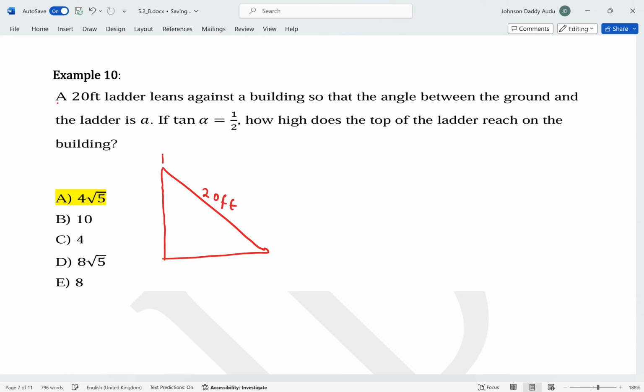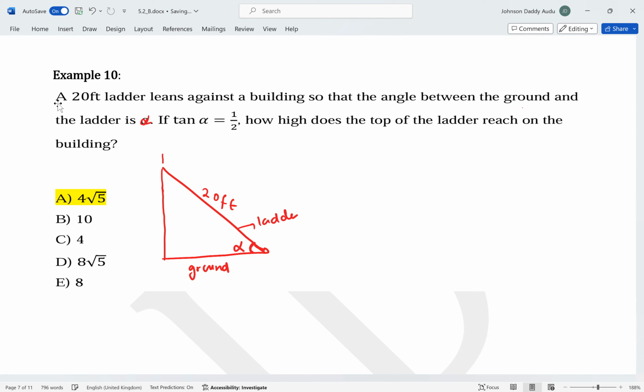A 20 feet ladder against a building, so that the angle between the ground and the ladder, this is the ground and this is the ladder, is what we call alpha. Yes, so this is alpha here.